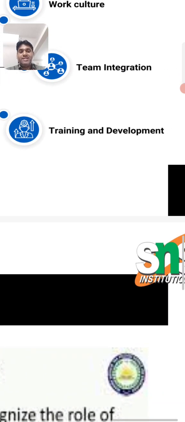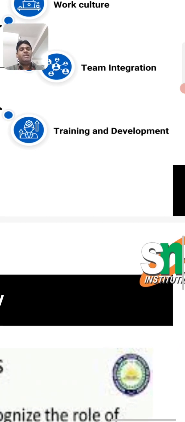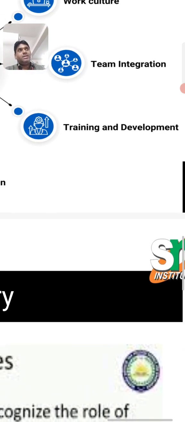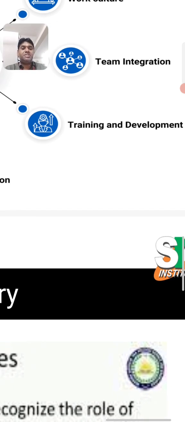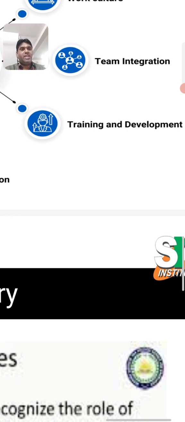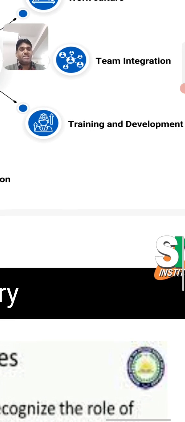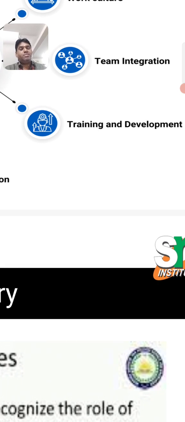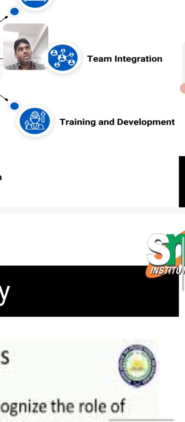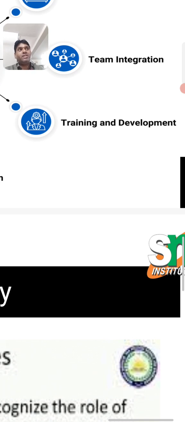Then you see training and development. Training and development is something we talk about repeatedly everywhere. Why? Because every individual should learn every day. Already in organizational behavior we have studied that learning is one of the important components: every minute, every hour, every second something enters into our mind. Everything is learning. That trains us and gives us some information to change ourselves. So every employee has to be trained. The organization invests in that particular individual.